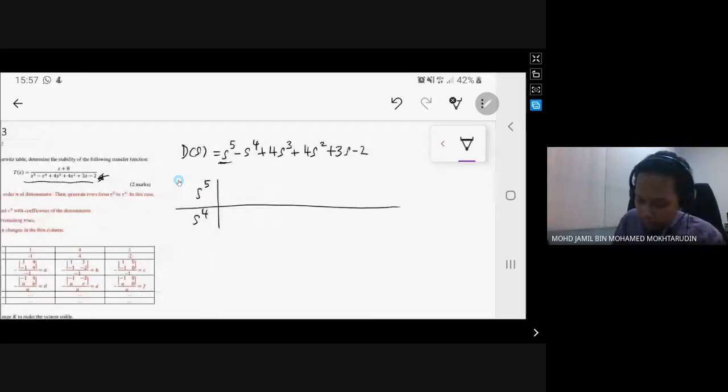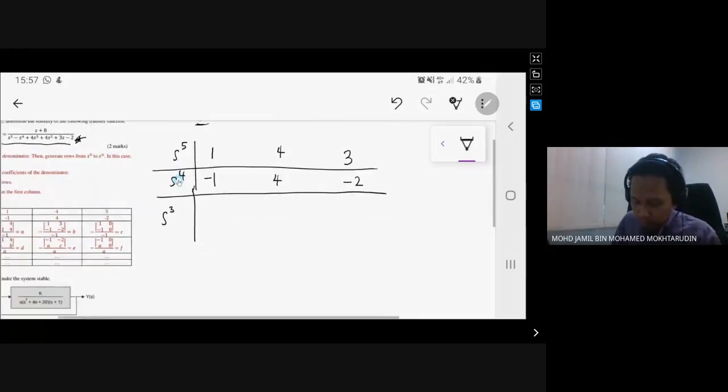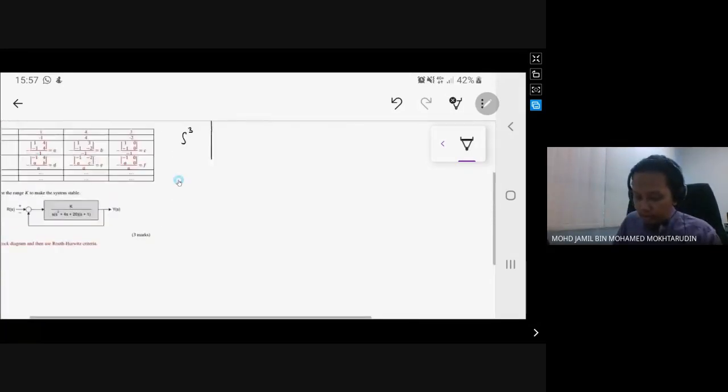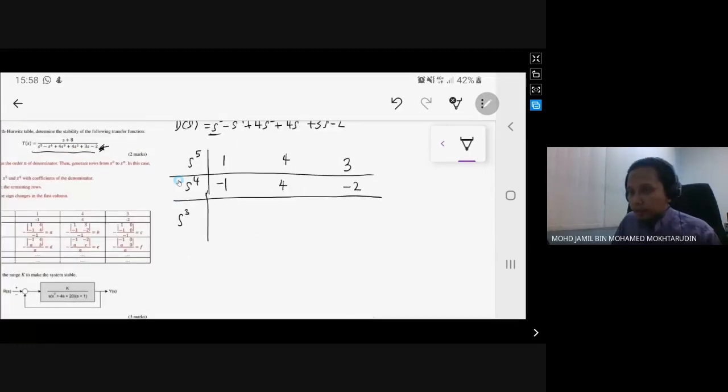Then you fill the coefficients alternatingly. So you start with 1, minus 1, and then 4, 4, 3, minus 2. And then you calculate for row S3. The best practice is to show the first determinant.